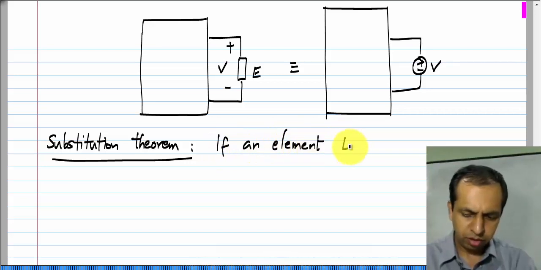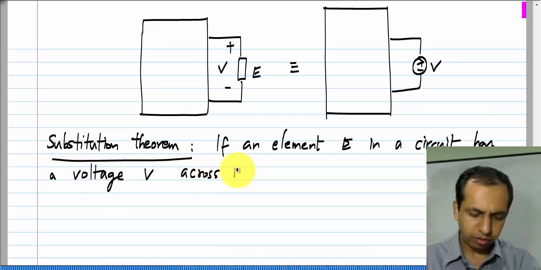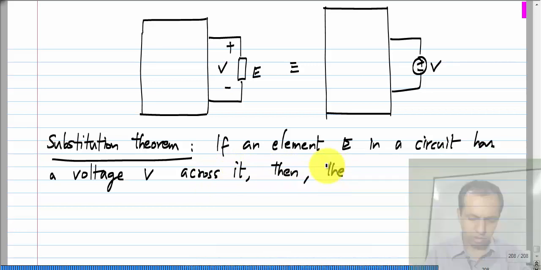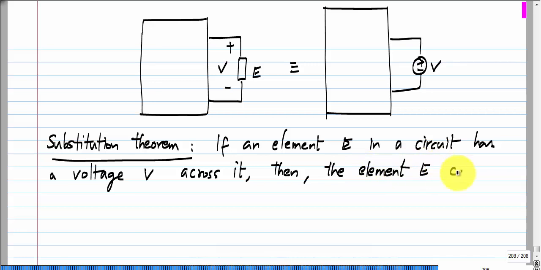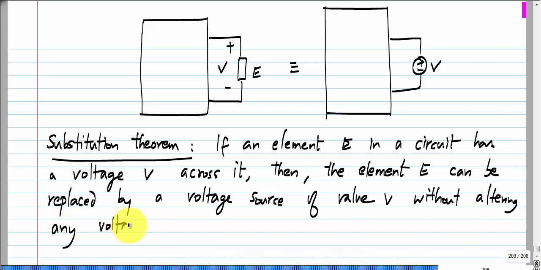If an element E in a circuit has a voltage V across it, then the element E can be replaced by a voltage source of value V, and of course, this is without altering any voltage or current in the circuit.